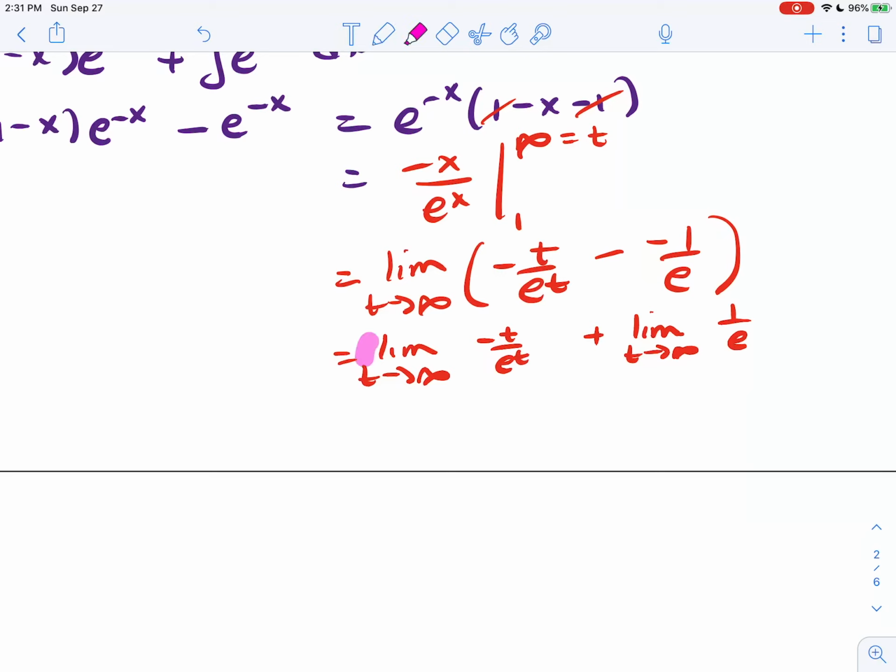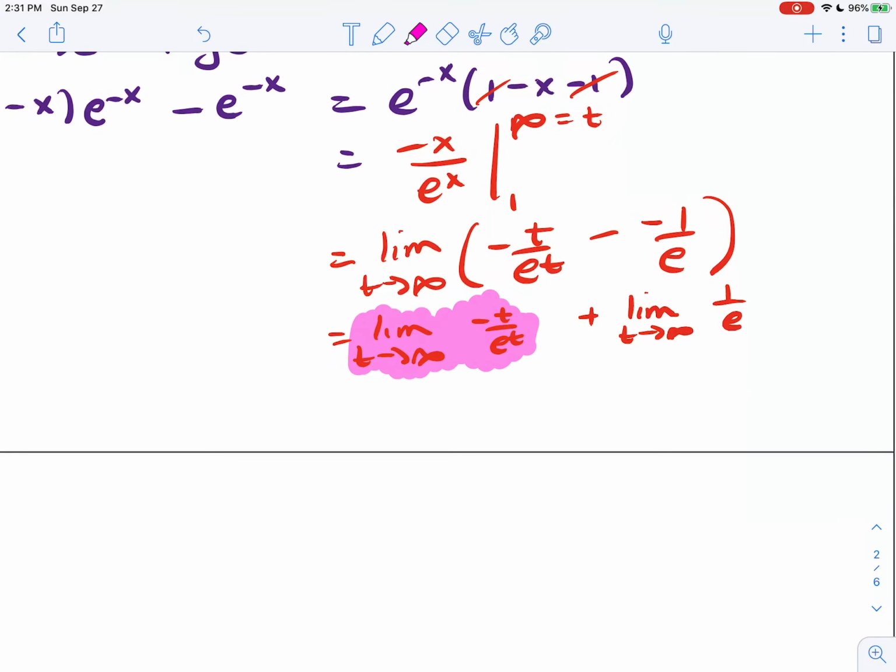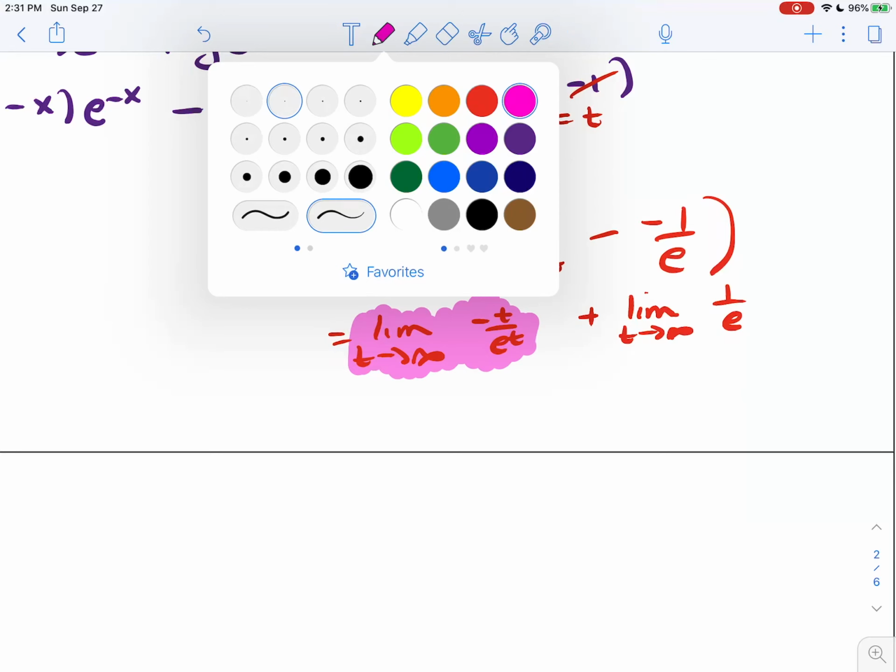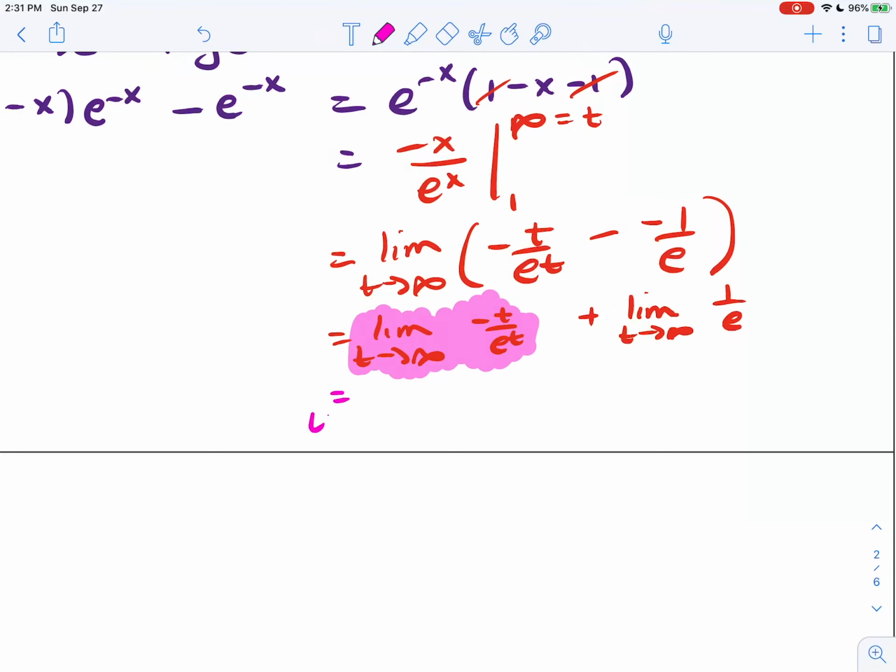And in this integral, I am going to infinity over infinity, or minus infinity over infinity. So I'm going to employ L'Hopital's rule. L'Hopital's rule is going to give me the limit as t goes to infinity of the derivative over the derivative, and the derivative of the top is minus 1, and the derivative of the bottom is e to the t.